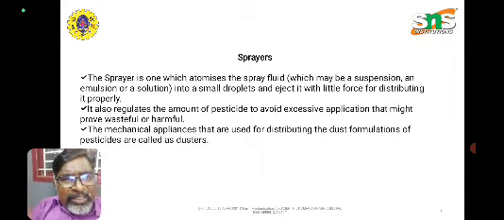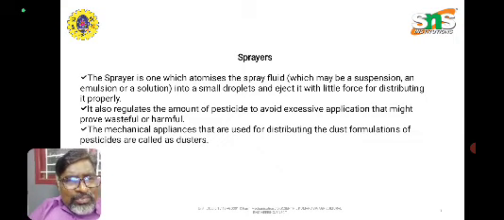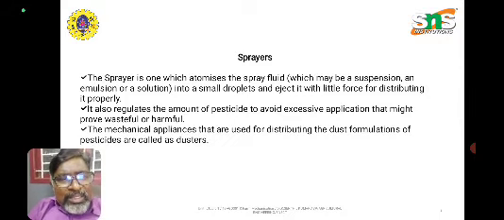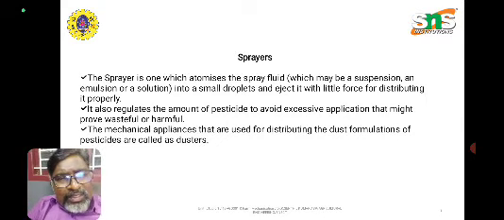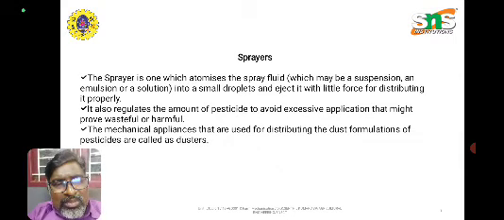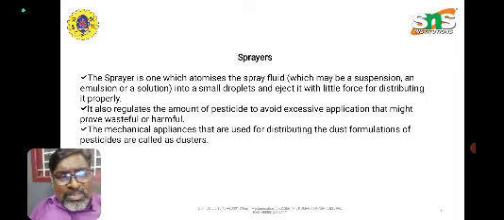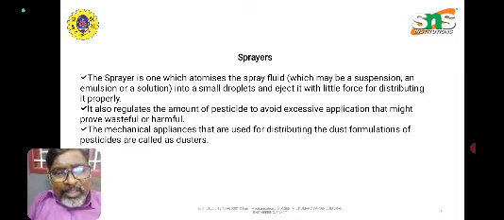It is one which atomizes the spray fluid, which may be a suspension or emulsion or a solution, into small droplets and ejects it with a little force for distributing it properly. It also regulates the amount of pesticides to avoid excess application that might prove wasteful or harmful to our crops. So proper application, proper in terms of exact quantity, can be done by means of this machinery.